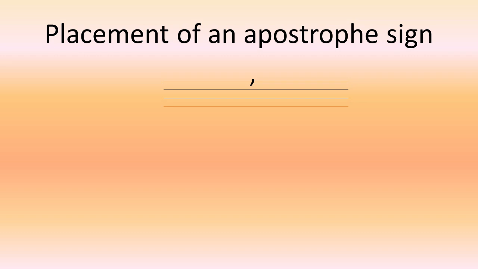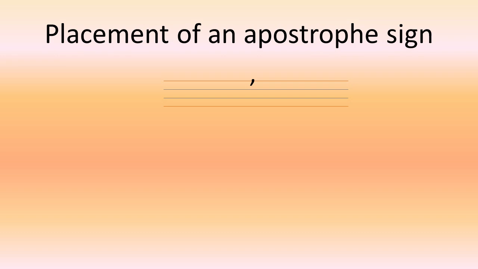You can see clearly that the apostrophe is on the topmost red line drawn in our notebooks. Please keep it in mind that an apostrophe should not fly in the air. Always put it carefully on the first red line.